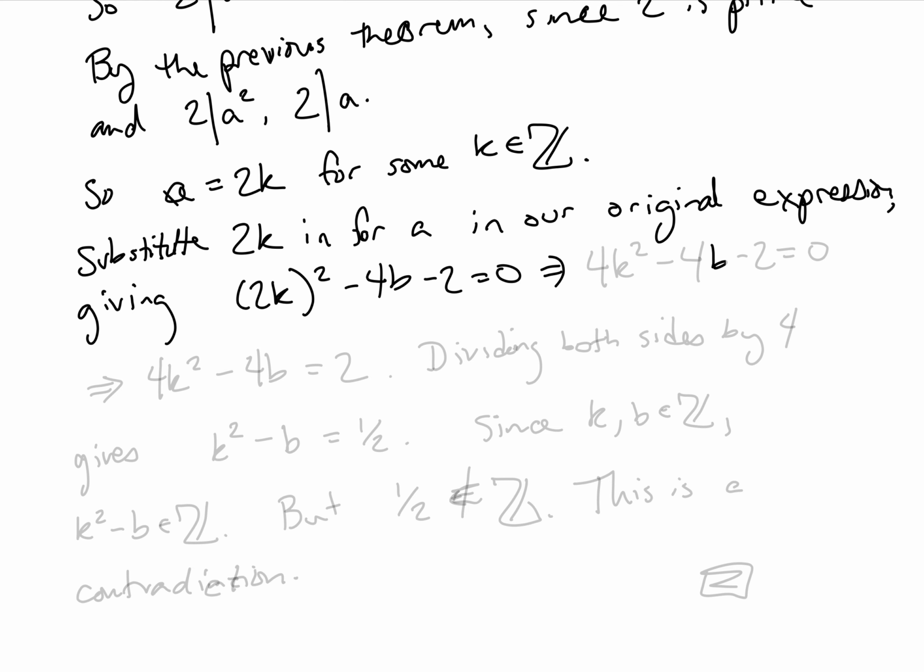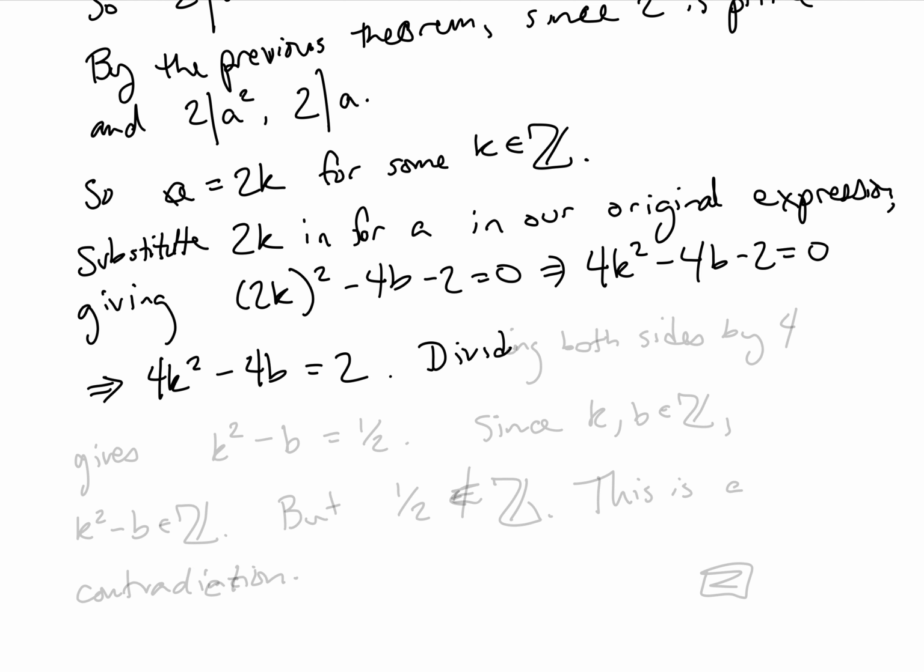This would imply that 4k squared minus 4b minus 2 equals 0. And it looks like we might be able to arrive at a contradiction showing that something is both an integer and not an integer. If we're able to do that, we know it's not possible for a number to simultaneously be and not be an integer. So let's try to arrive at that kind of contradiction. So this would imply that 4k squared minus 4b is equal to 2.